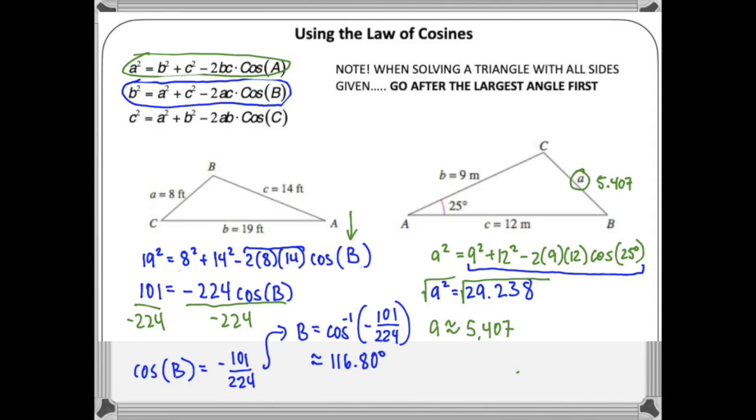So that's how you do that. Let's take a look at the next problem, which is going to need the law of cosines and a little bit of math 2 skills in regards to parallel lines. So I'll meet you in the next video.